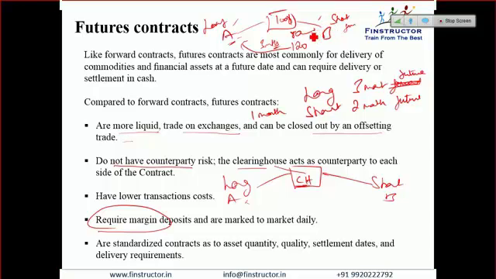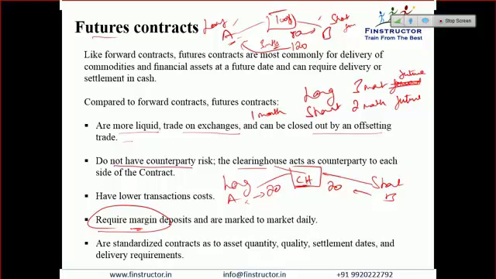However, to begin with, in a futures contract, both A and B have to pay a margin. So A has to pay $20 to the clearinghouse or to the exchange. B also has to pay $20 to the exchange. Even though none of them are in any profit or loss, they still have to pay $20.